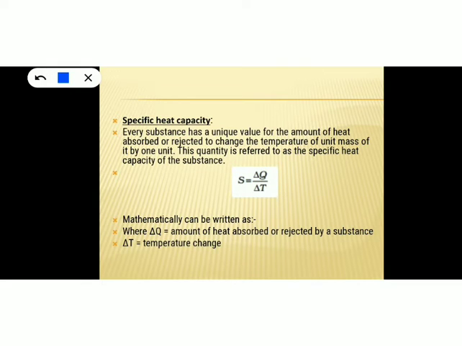The equation to find specific heat capacity can be easily obtained from the equation for heat capacity. This is the expression for heat capacity, delta Q by delta T, and specific heat capacity is denoted by small s, which will be equal to capital S by small m, where m is the mass, because here we need to specify the mass.